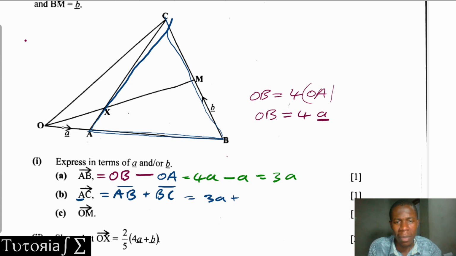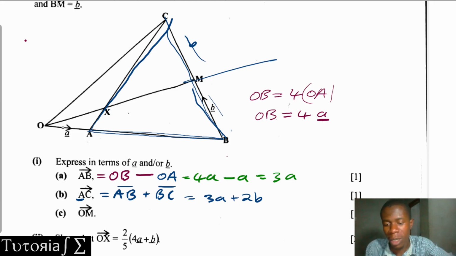Now you know that BM is B and MC is also B because MC and MB are the same length. So we say M is the midpoint, meaning that this length and that length are the same. So this entire length from B to C will be 2B. So that is the answer for that one.